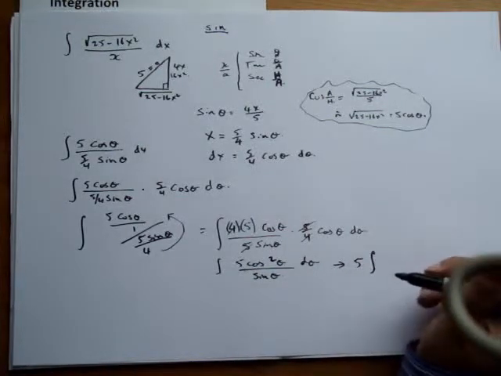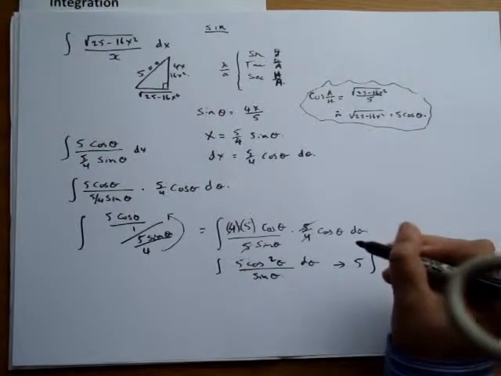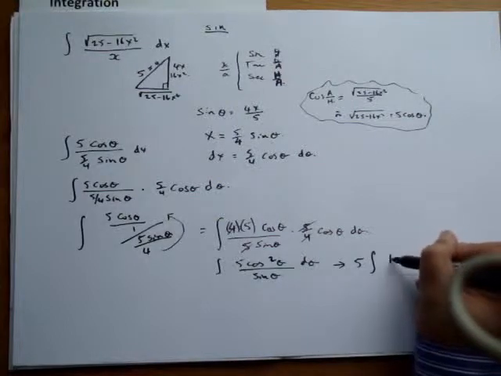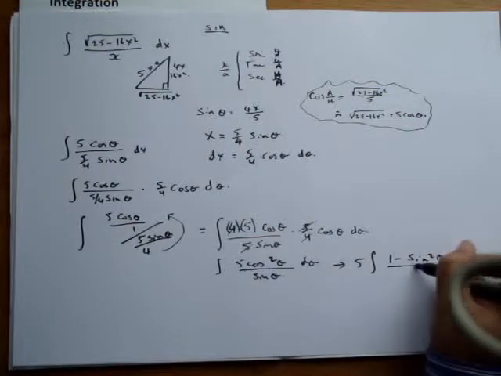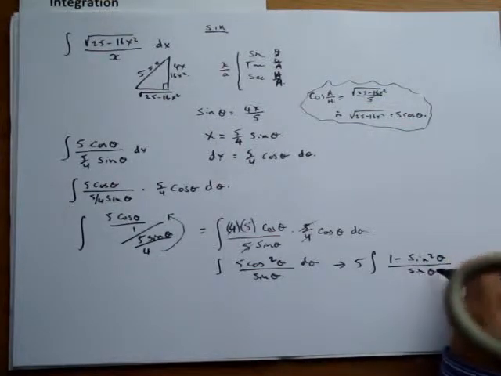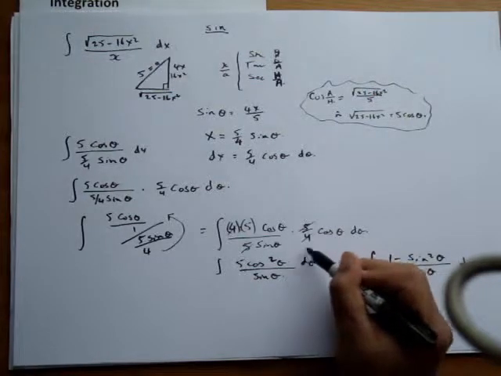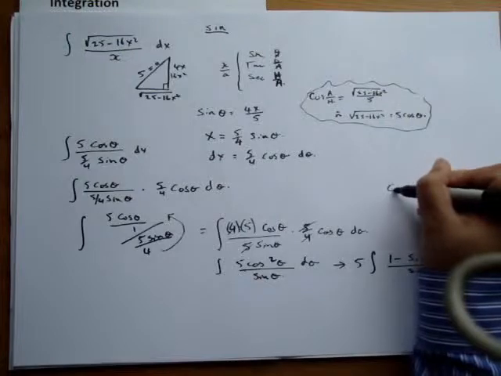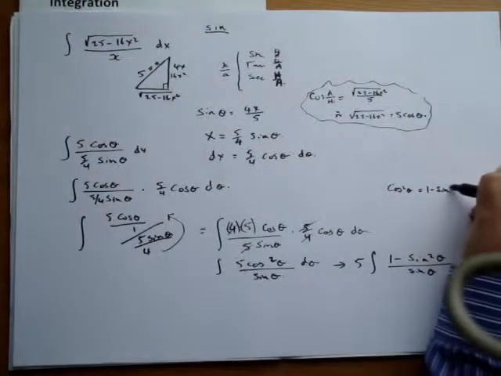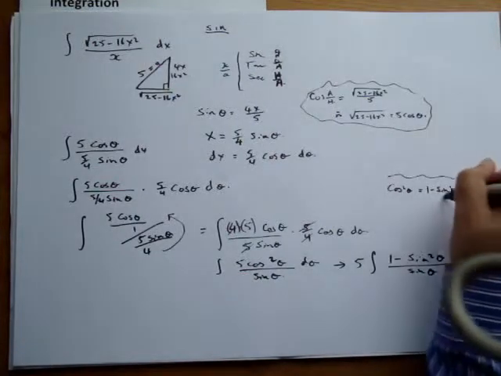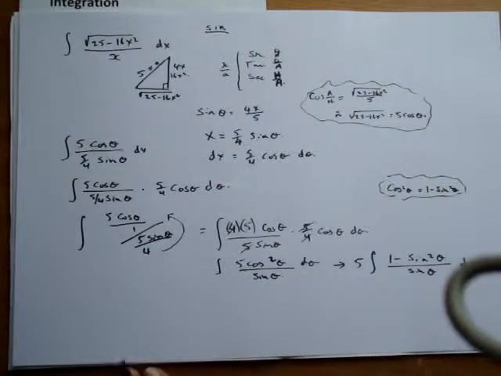We get cos squared theta over sine theta d theta. Using the identity, cos squared theta equals 1 minus sine squared theta. Substituting it in there for cos squared theta.